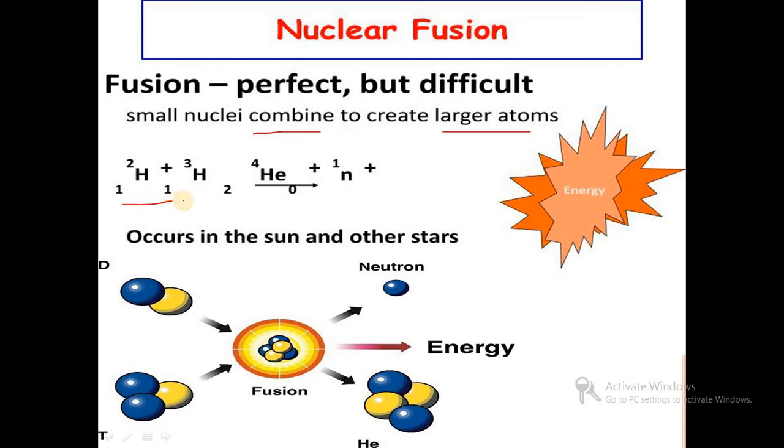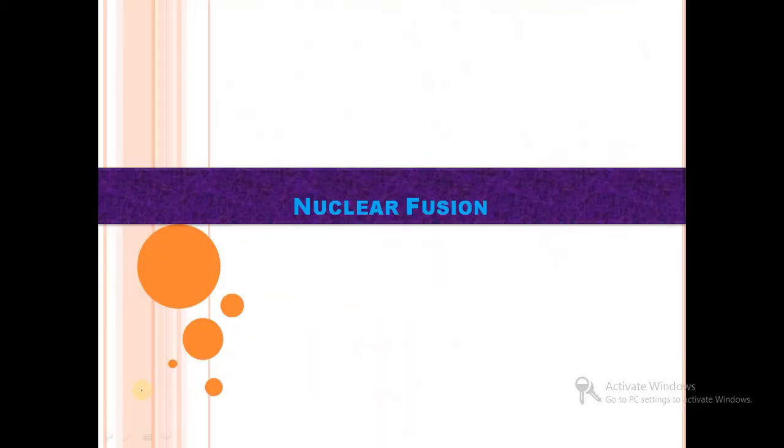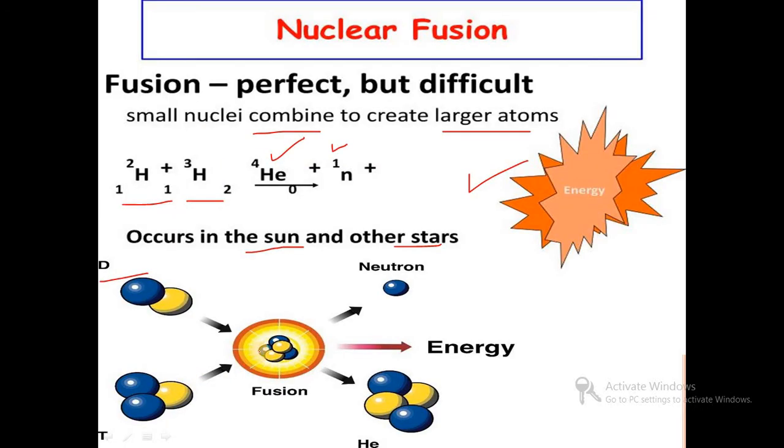Here deuterium and tritium combine together, and we get a helium nucleus along with a neutron as the ejectile and a large amount of energy, which occurs in the atmosphere of the sun and the stars.